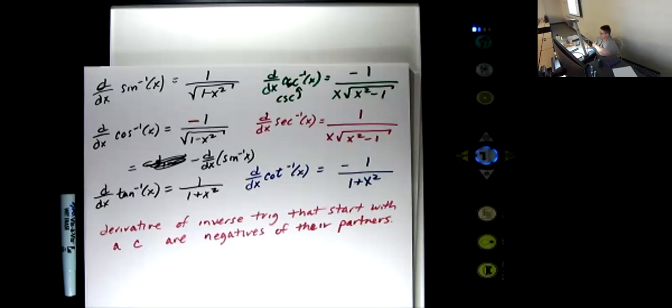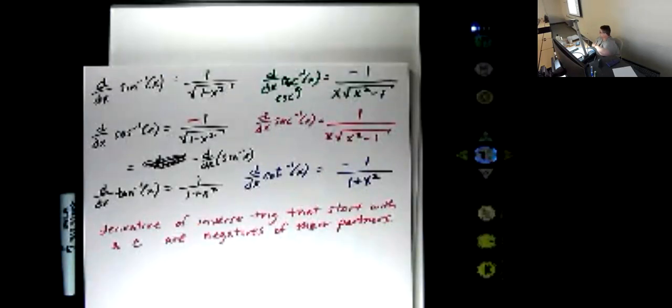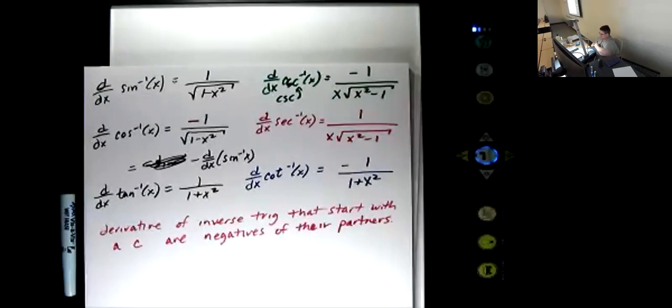And the derivative of cotangent inverse is the negative of tangent inverse. But I strongly recommend flashcarding it.